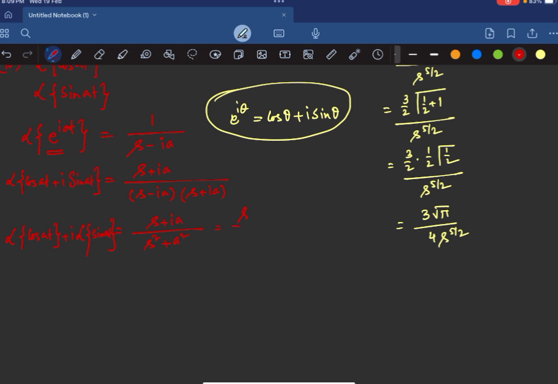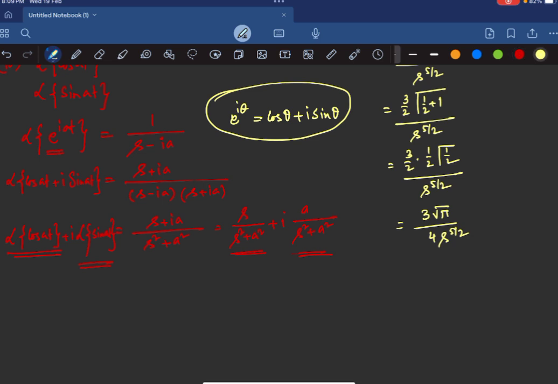So s over s squared plus a squared plus i times a over s squared plus a squared. If you compare the real part and the complex part, the real part equals this and the complex part equals this.